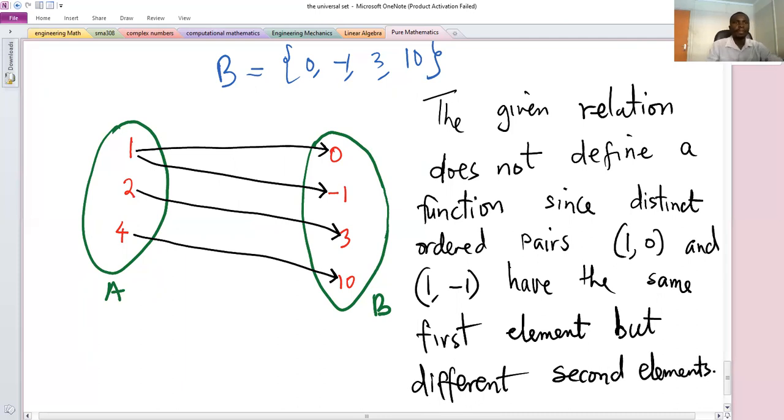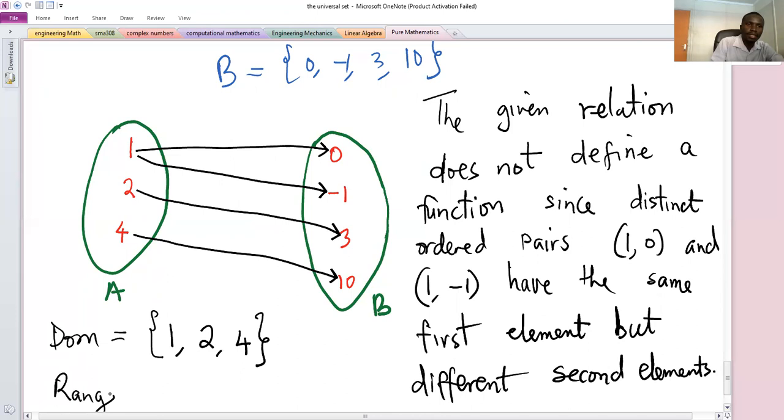So that's the reason. And then the domain for this set is the set of the first elements in set A, so 1, 2, 4, while the range is the set of all the second elements in every pair: 0, -1, 3, and then 10.